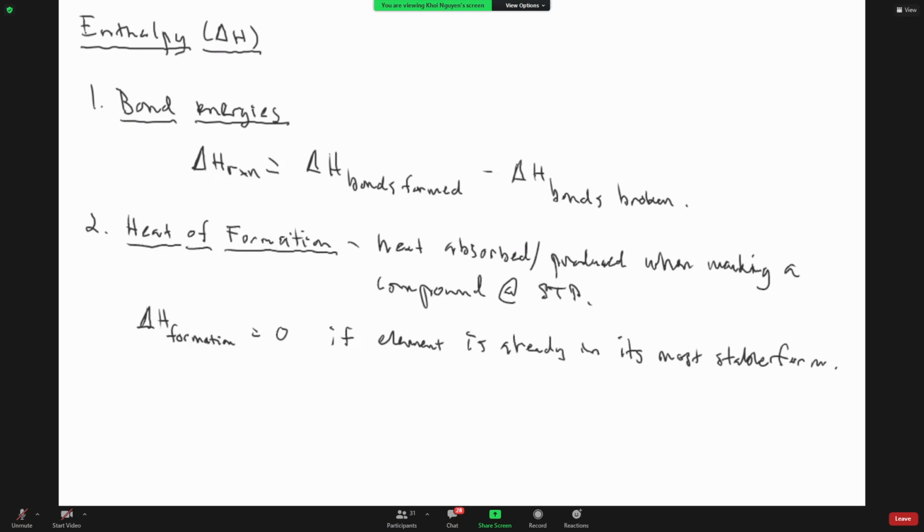So if they show up and you have to deal with bond energies or enthalpy, you know that they bring zero heat of formation to the table.